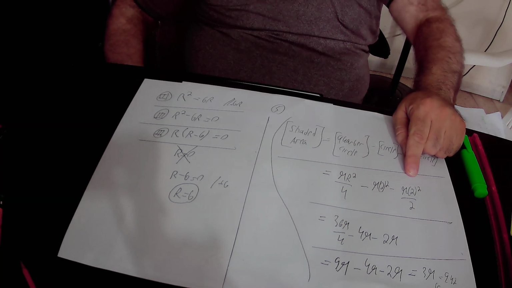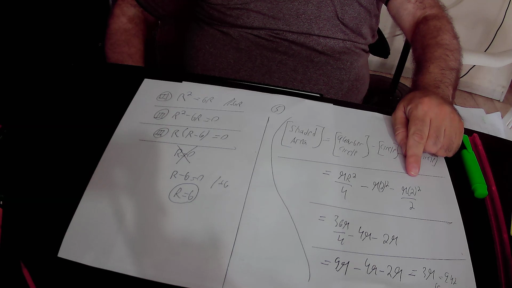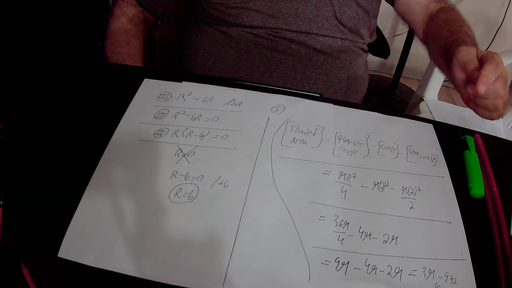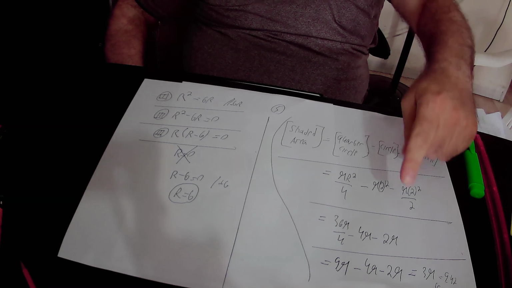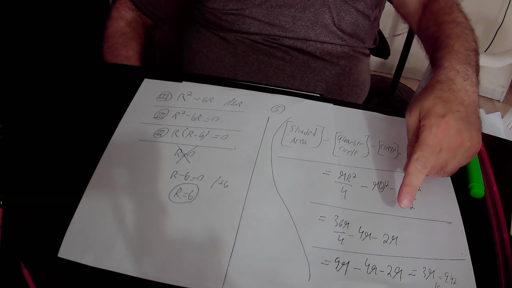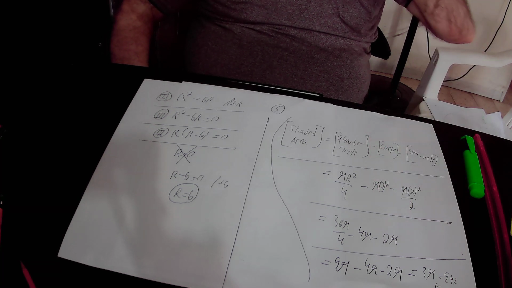The area of the semicircle equals pi 2 squared over 2. 2 squared is 4, so in the numerator we have 4 pi over 2, which is 2 pi. So the area of the semicircle equals 2 pi, which we had to subtract from the area of the quarter circle.